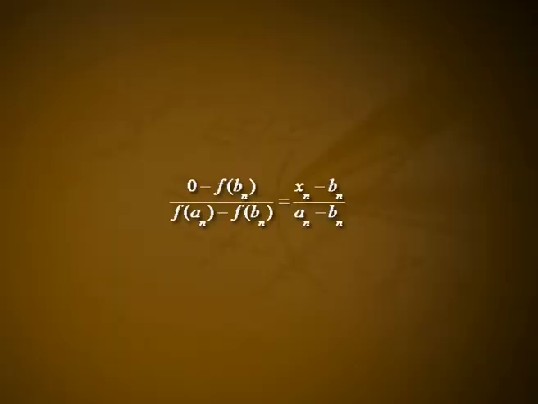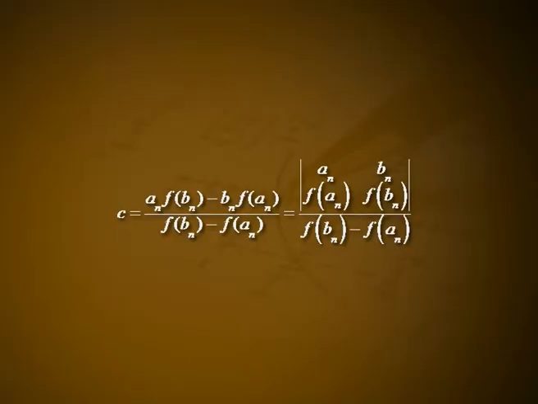The point at which the chord touches the x-axis is (xn, 0), and substituting this value in 1, we get the following: (0 minus f(bn)) divided by (f(an) minus f(bn)) equals (xn minus bn) divided by (an minus bn).